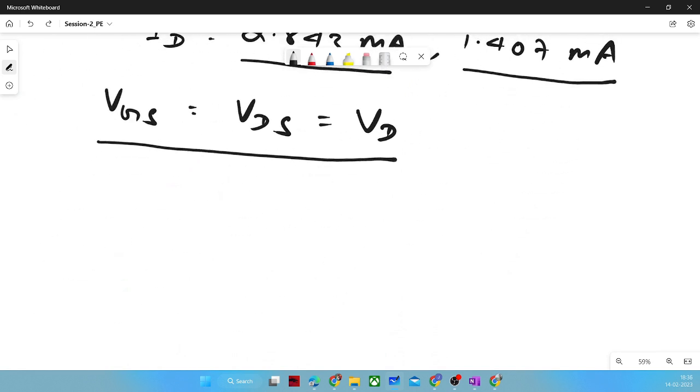So this VD was equal to the supply voltage, that is VDD, minus our resistance, which this time is 4 kilo ohm, 4 kilo ohm into ID, right? This is not constant here, let me remove it. So whatever ID will come now, that will be in milliampere.